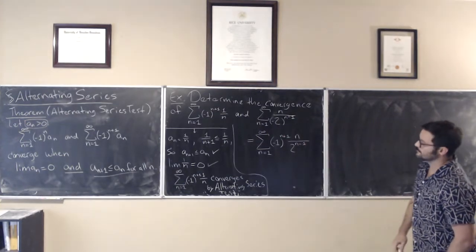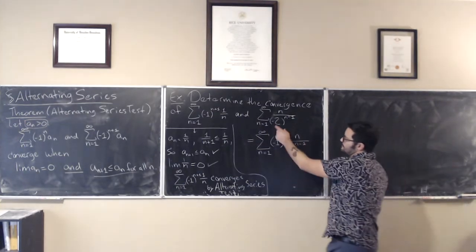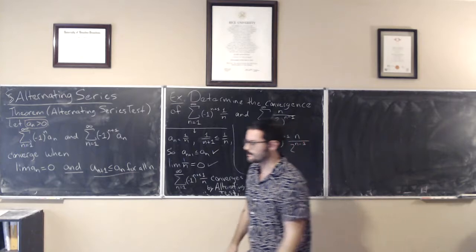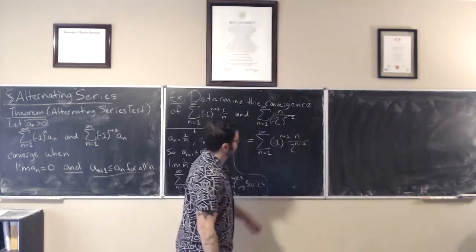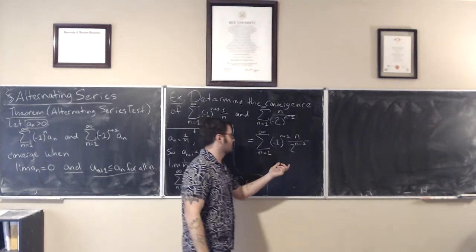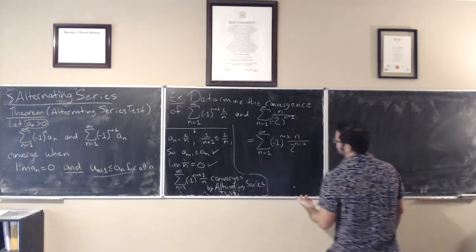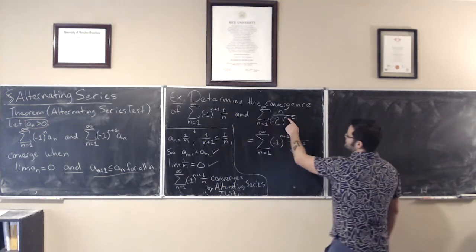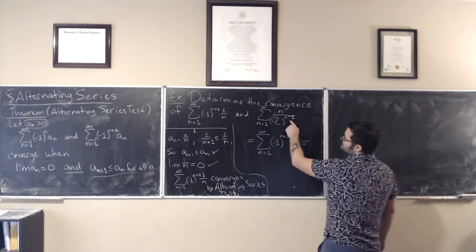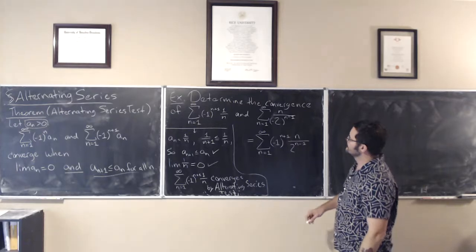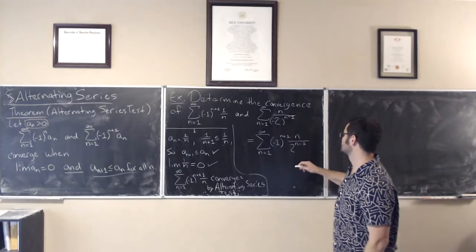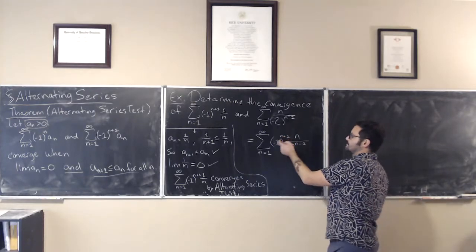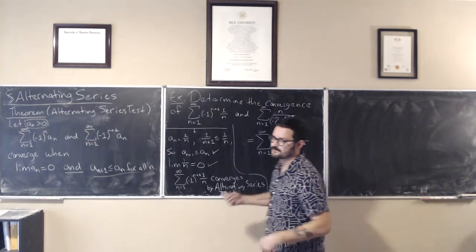Hopefully you can see that those work out. Because basically, the only thing that's changing is the sign of the terms, right? So if we just look at the minus 1 and make sure that it matches up. When n is equal to 1, the exponent n plus 1 is 2, and minus 1 squared is positive, and it works out.